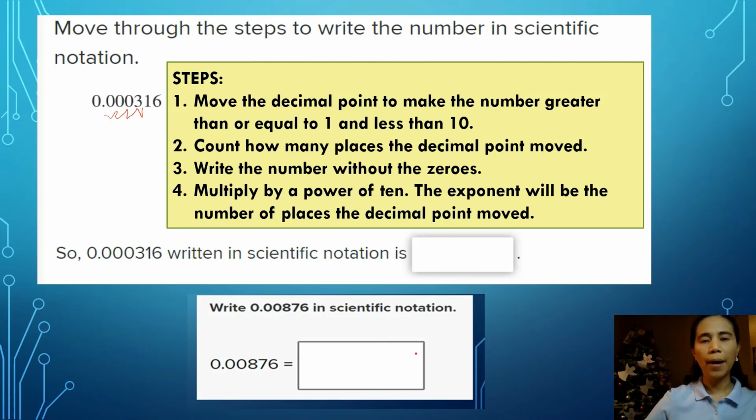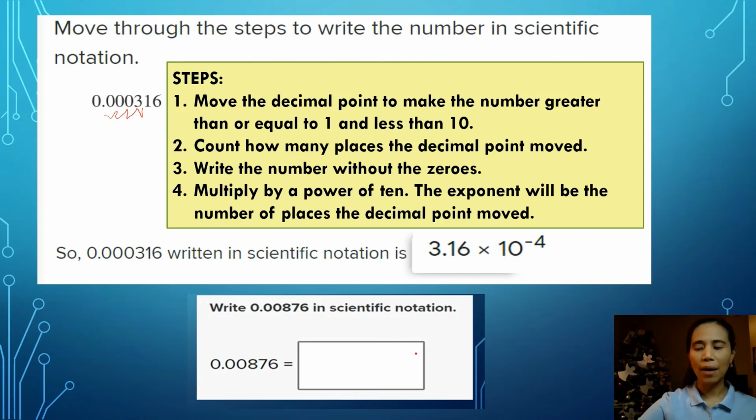That is why we could drop all the zeros and then we just retain those non-zero digits, which are 3, 1, and 6. So the final answer then would be 3.16 times 10 to the negative 4. So remember, we have moved from left to right, and that's why we have a negative exponent.